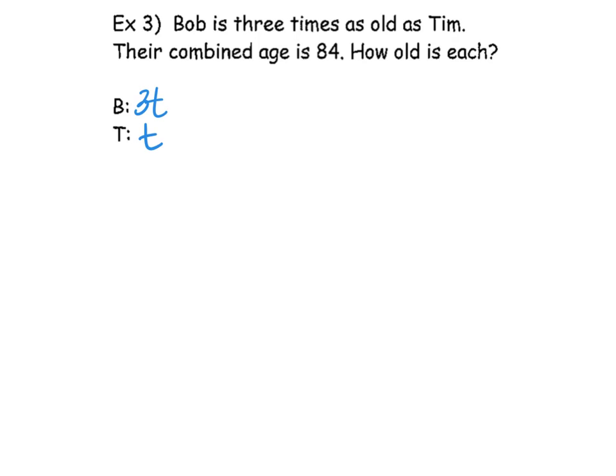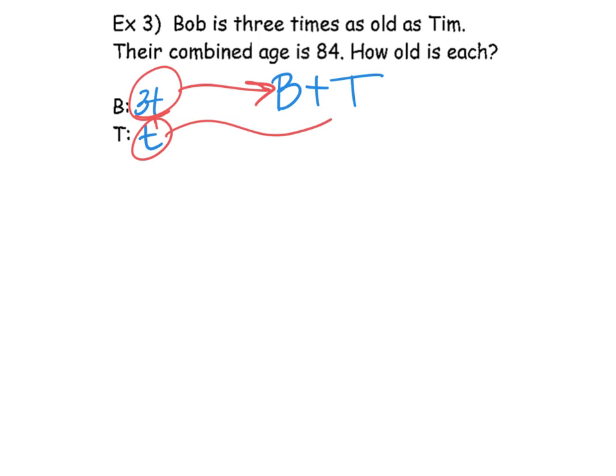So Priscilla, now you're on mute. All right. I'm adding them together to get 84. Bob plus Tim, but Bob is 3T. Tim is Tim. 3T plus T equals 84 years old.